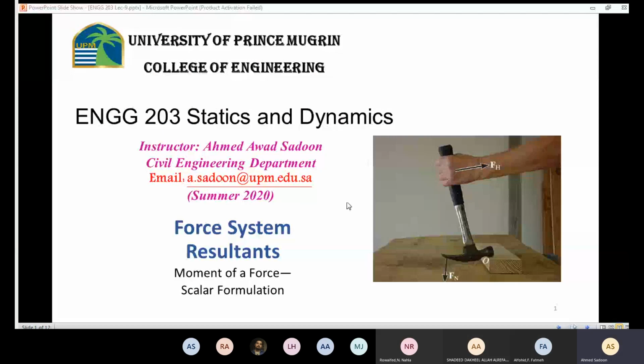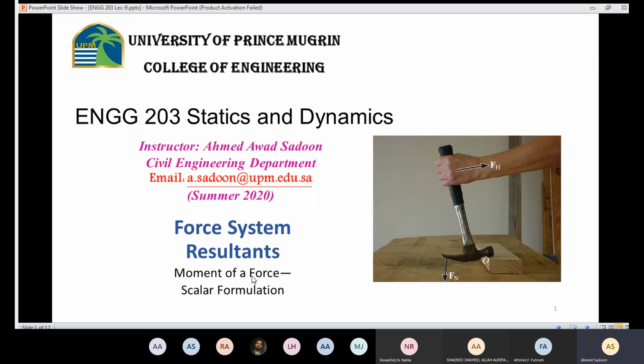So let's get started. Today we are going to talk about a new chapter, which is force system resultants. And the first point we want to talk about is something called a moment of a force.